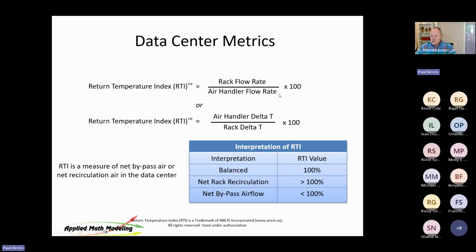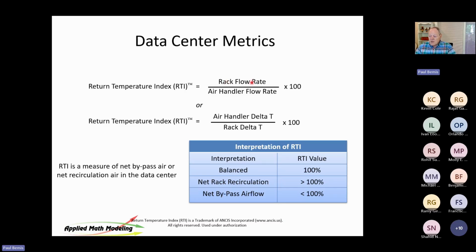And you can look at them two ways. This one, I think, is probably the most important, RTI. You can look at it as a flow rate, or you can look at it as a delta T. The delta T is a little harder for people to understand. I'm a fluid dynamicist, so I look at it from an airflow point of view. They are symmetrical because they equate to the same.